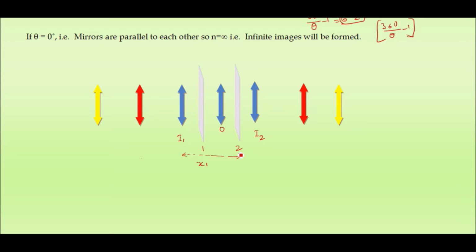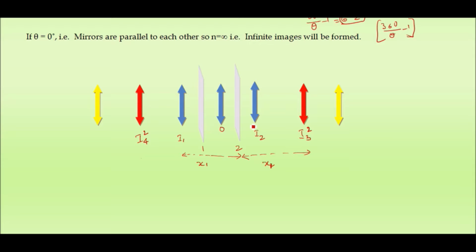Suppose this distance is x1, and because of this we get an image at distance x1, and we call this image I3 subscript 2. Similarly, this I2 forms an object for mirror 1, and we get the image of this. We call it I4 subscript 2.